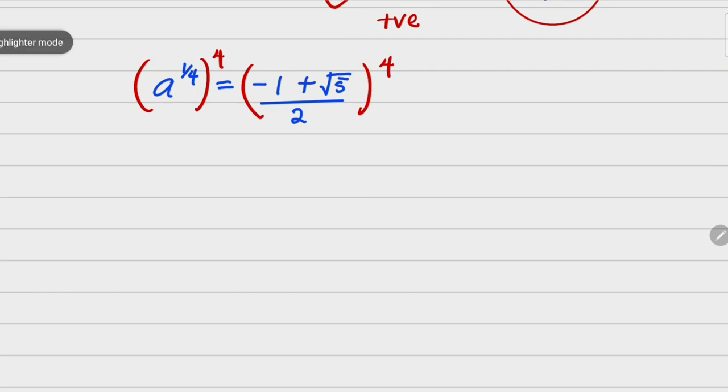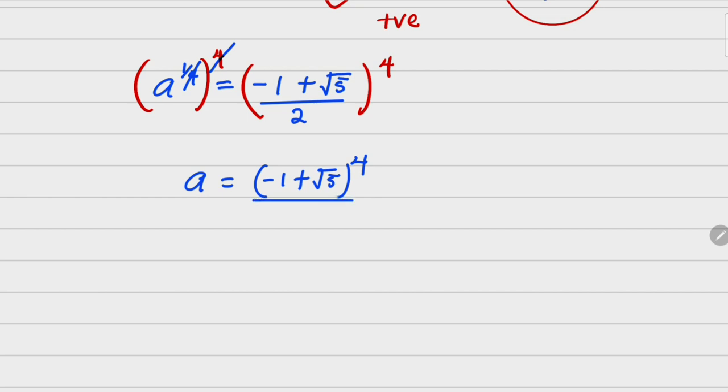The 4 cancels this, so that a will now be equal to minus 1 plus root of 5 all raised to power 4, then all over 2 raised to power 4, which will now be minus 1 plus root of 5 all raised to power 4 all over 16.